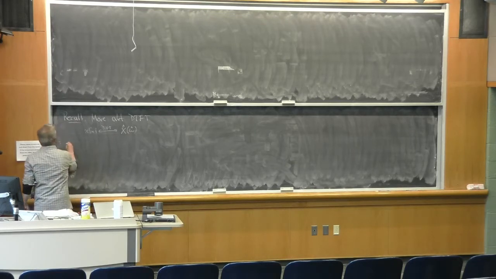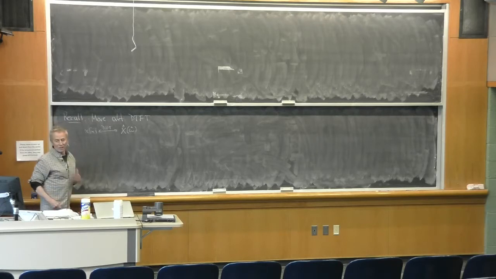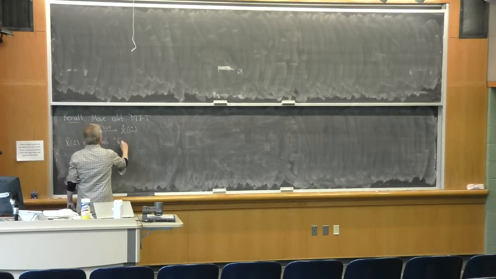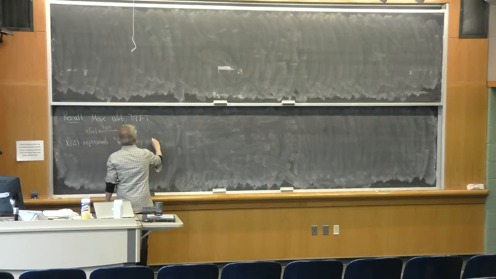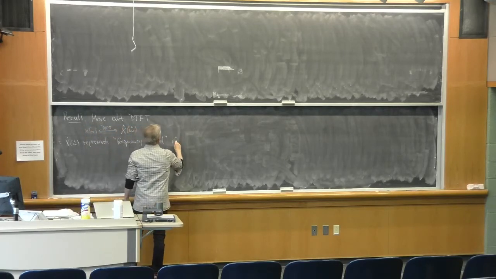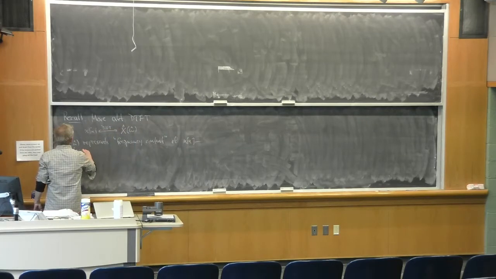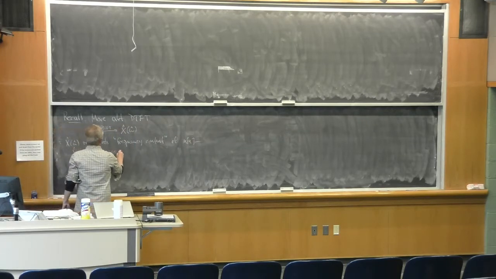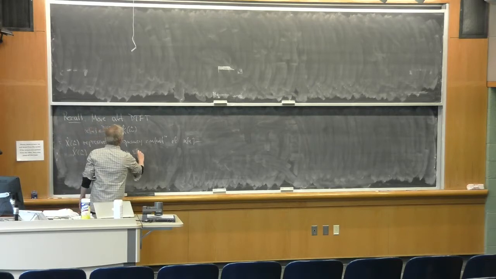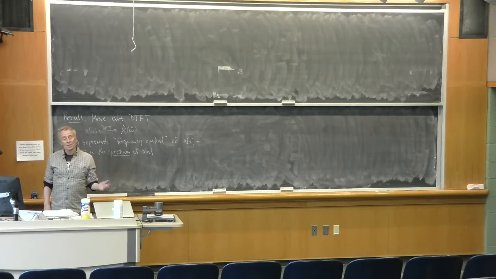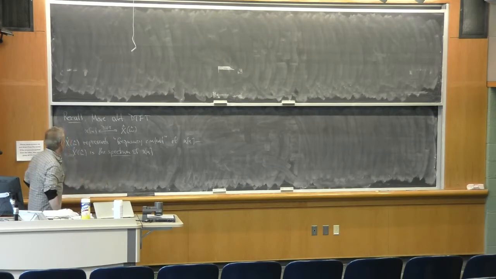So x hat of omega hat represents the quote-unquote frequency content of x of n, and so people call it the spectrum of x of n, and they also call it the frequency domain description of x of n. They also call it the spectral representation of x of n. All those things mean the same thing.